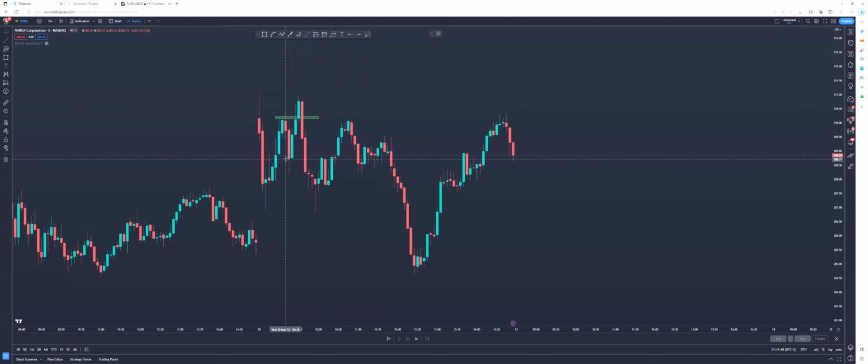Yep, that's what happened. So around this area I took calls, and then we ended up pulling back somewhere around there, and when it broke structure, I cut it or something like that.